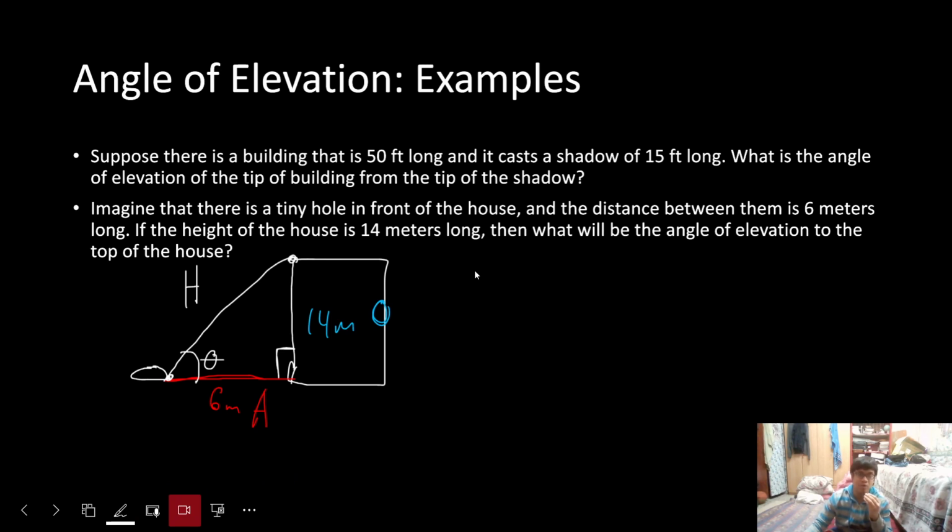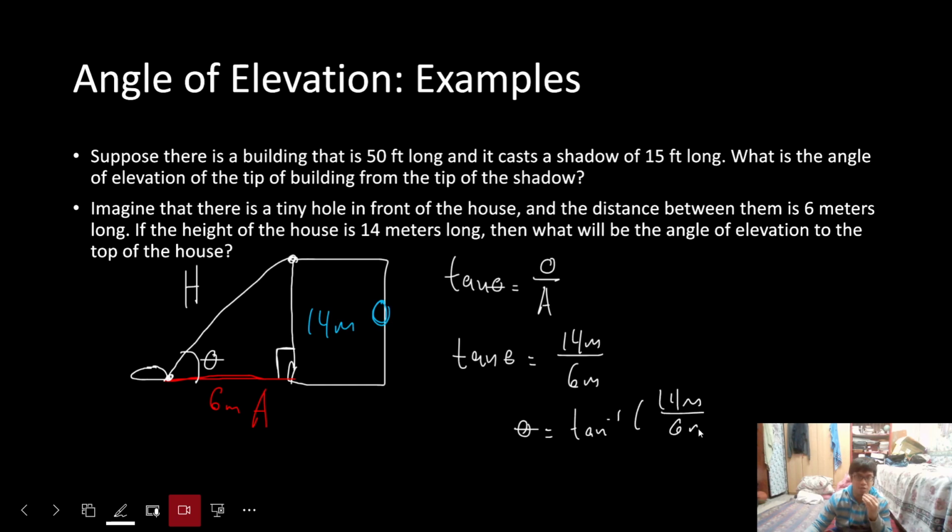So with that, we're going to use either tangent or cotangent. But I'm going to use what I recommend you to use, which is tangent theta is equal to the opposite all over adjacent. So here, let's substitute. Your opposite is 14 meters long all over adjacent 6 meters long. Put tangent to the right, and we will have theta is equal to arctangent of 14 meters all over 6 meters.